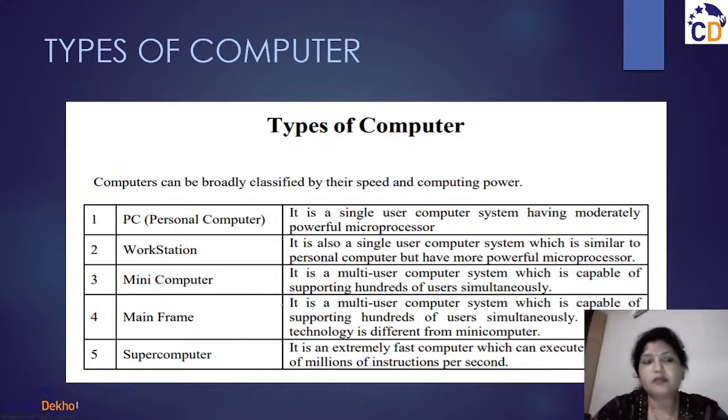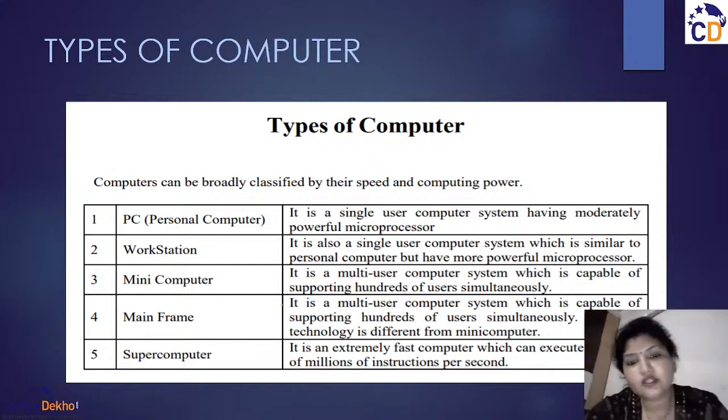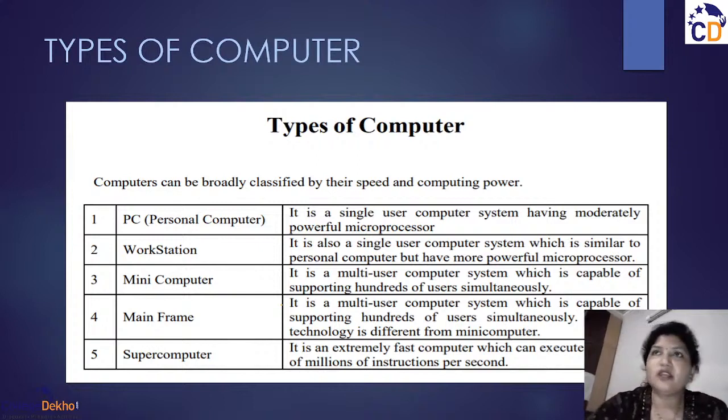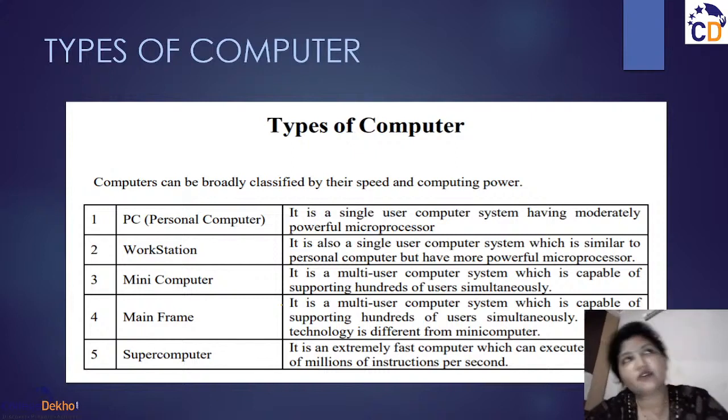We might be using some workstation kind of thing. If it is handling thousands or hundreds of users, then we have a mainframe kind of thing. But if we have a supercomputer, we may handle a very large capacity in terms of instructions per second, right? So it would be very advantageous for us when we have such a system.